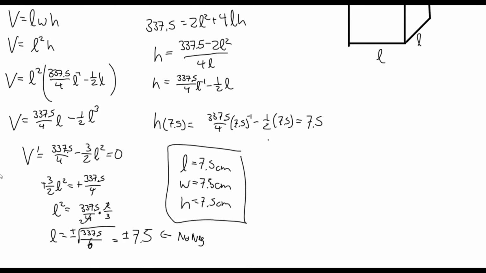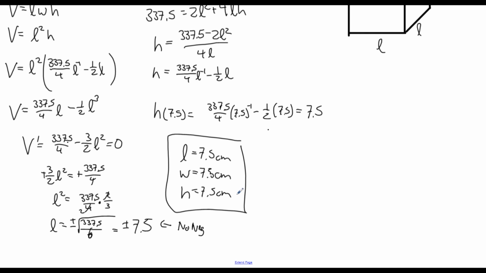And that makes a lot of sense, because it makes sense to say that if I have a given surface area, I should make all of the parts equal, and that will maximize my volume. So there's my answer there.